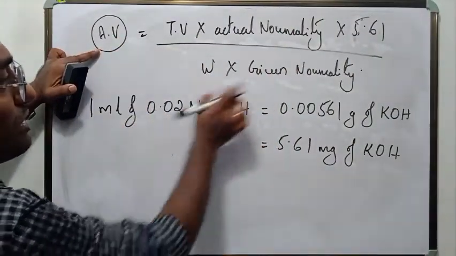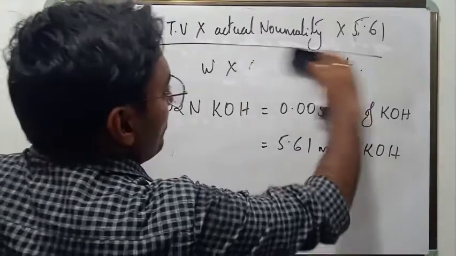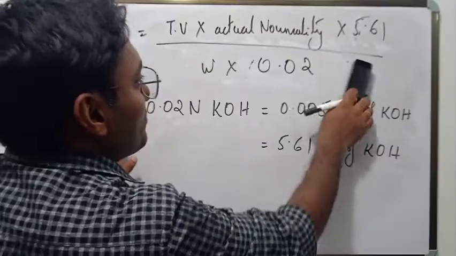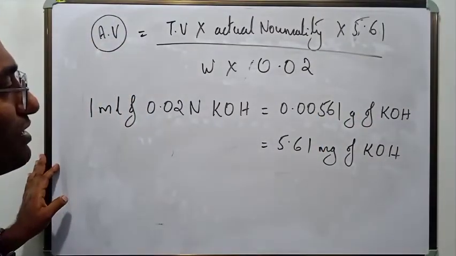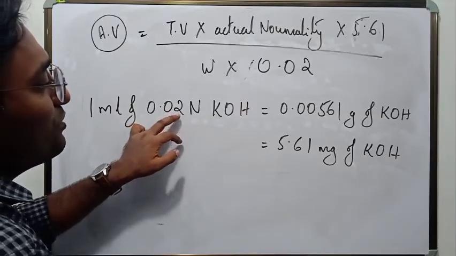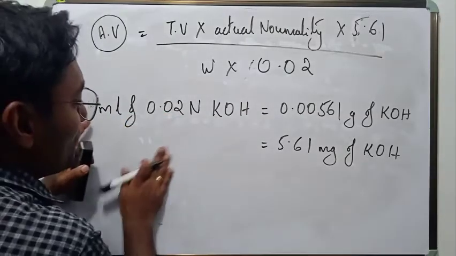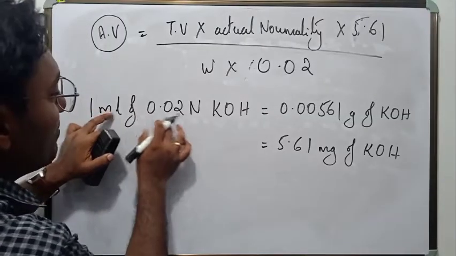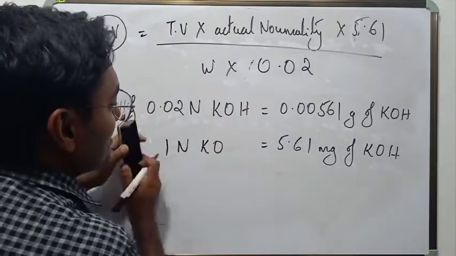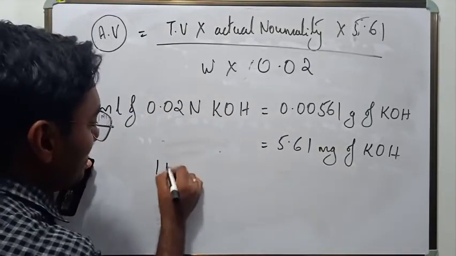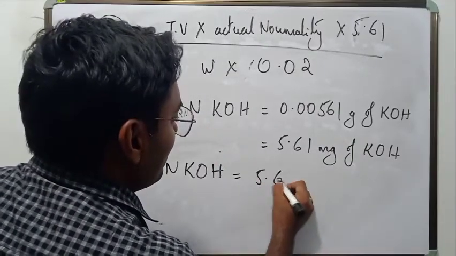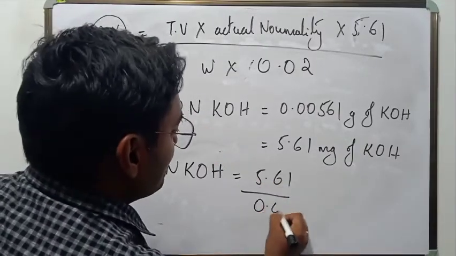So the given normality is how much? 0.02. Correct? Suppose your normality is 0.019, then what will you do? See, this is for 1 ml. For 1 normal KOH, just divide 5.61 by 0.02.